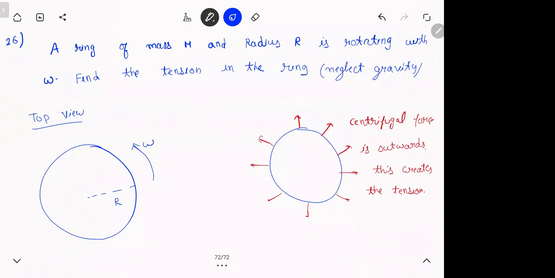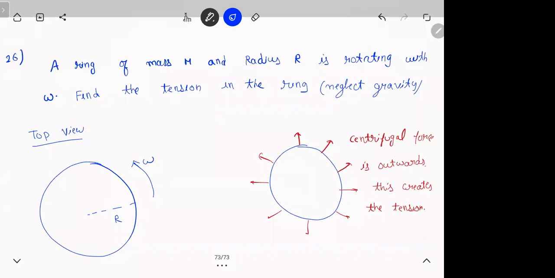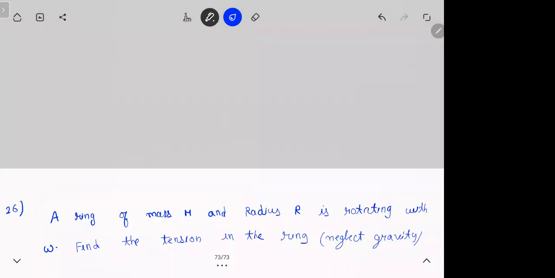So let me show you. Listen to the proof carefully. Again, the proof is not that important, but the result is important. And better if you can remember the method, so that will be great. Because this is slightly mathematical.